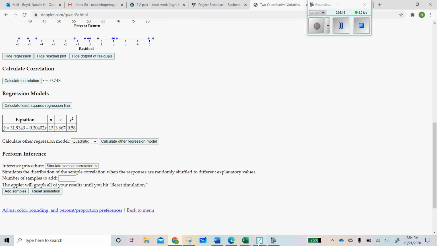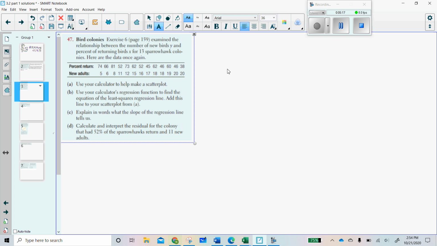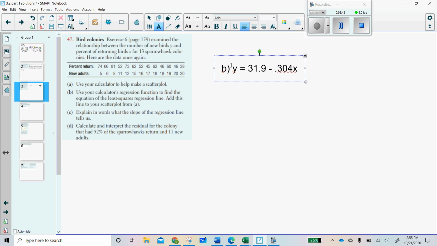So I'm going to use that over here to talk about part C and D. The least squares regression line was, and I'm going to add a hat on that y in a second, 31.9 minus 0.304x.